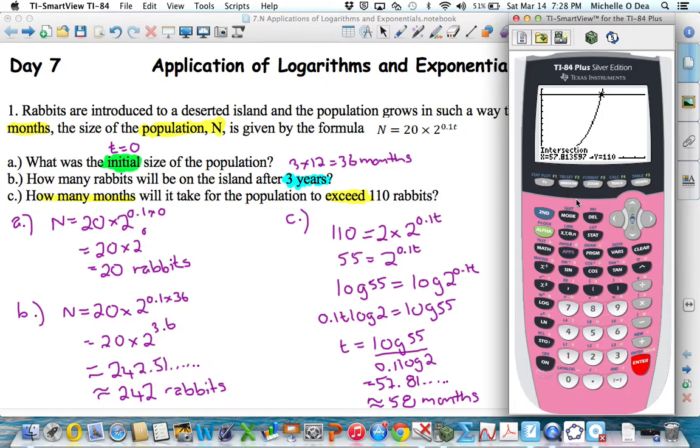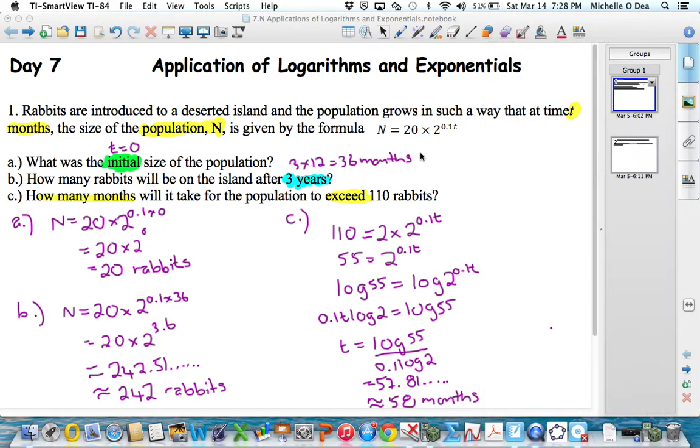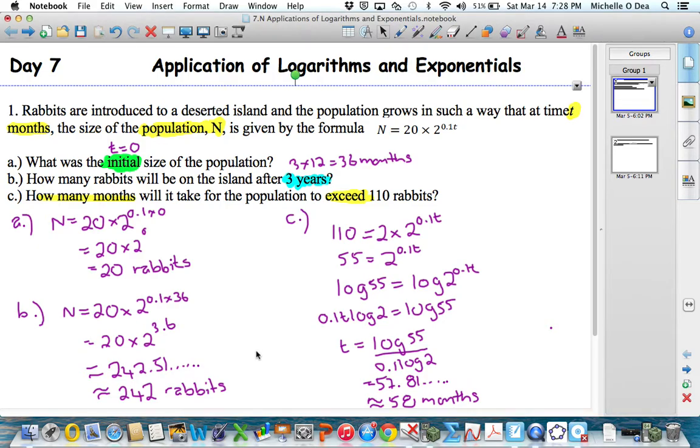So you can see it's at 57.81, which matches what we got here. And of course, y equals 110. Now you might say, well, that's way easier than doing all this. What you need to do for your working out, you must have the first line of working, and you must draw a sketch of the graph. That's your working out in this case. So that's very important.